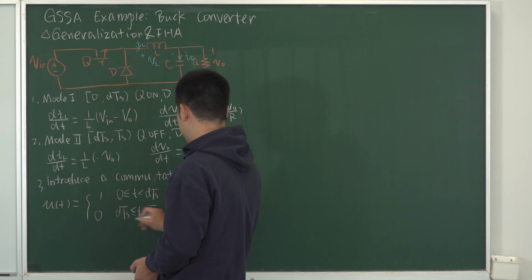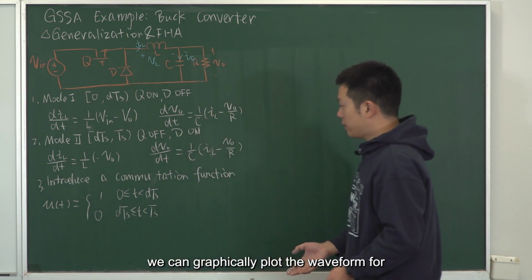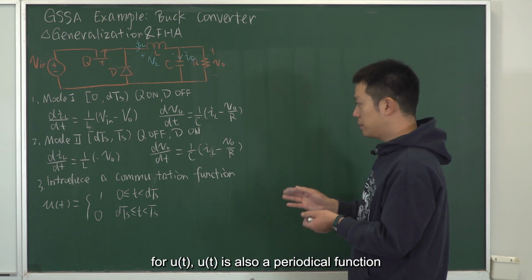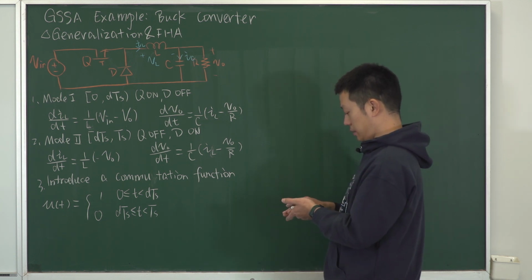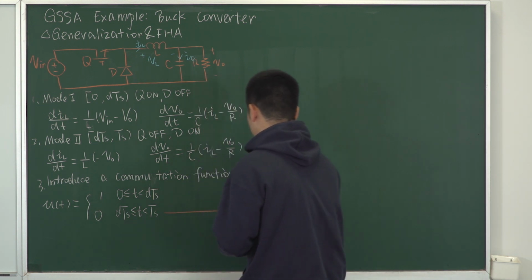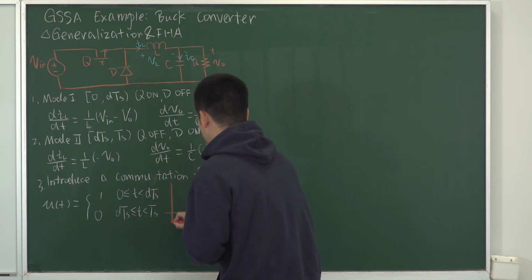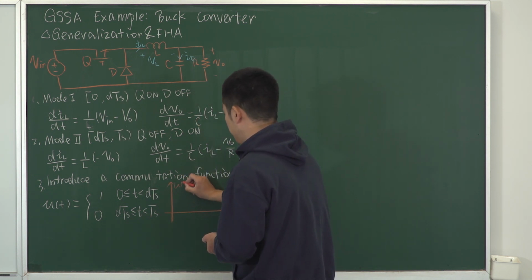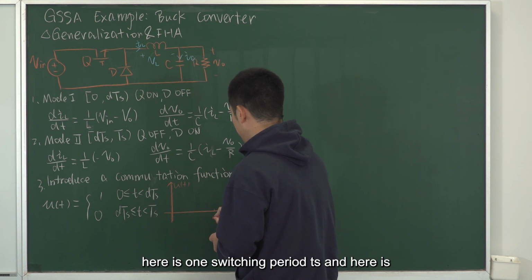We can graphically plot the waveform for u(t). u(t) is also a periodical function in time domain, so here's u(t). Here is one switching period, TS.